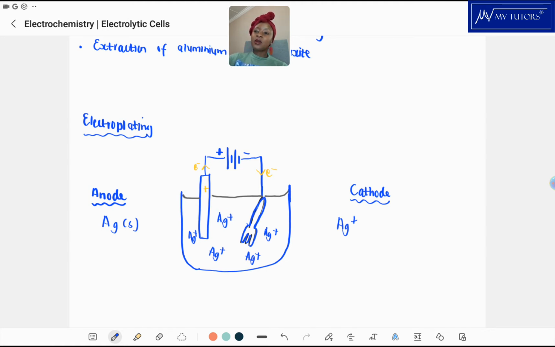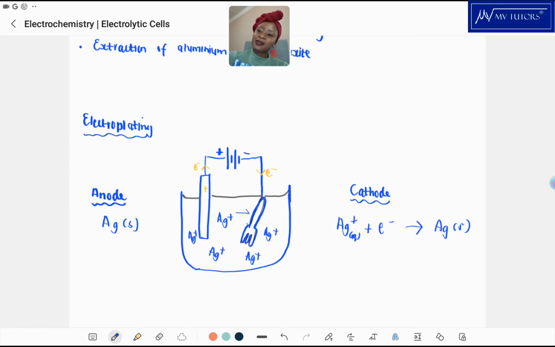As you're electroplating here, as these silver ions take up the electrons, you're going to end up with solid silver. These are in aqueous solution. Because the ions are positively charged, they will go to the negatively charged electrode, which is the cathode.